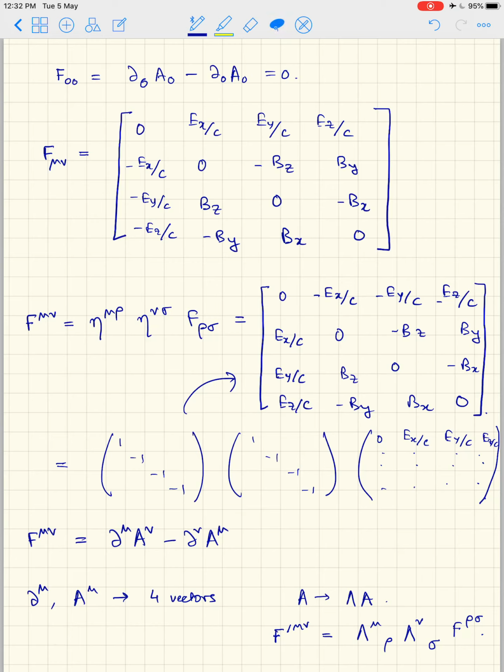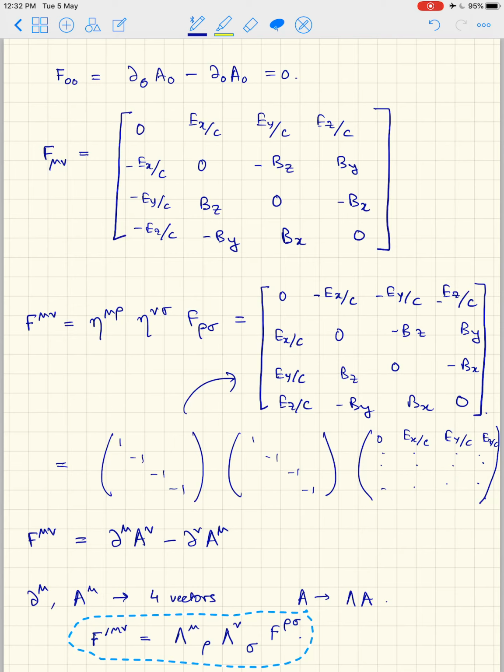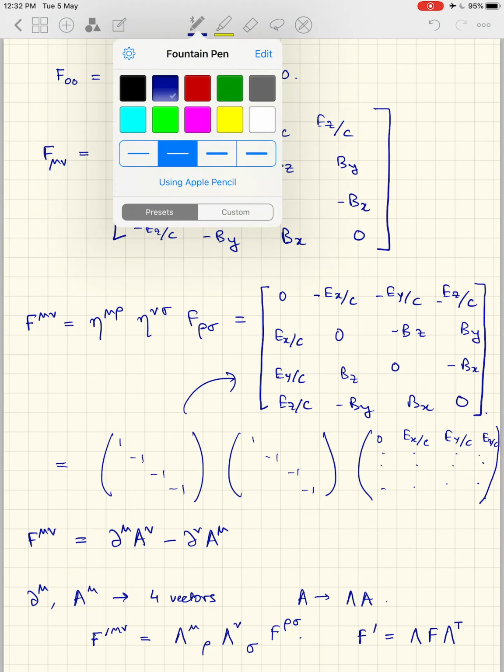This one was right, what I said about the form of the transformation. And in terms of matrix language, F primed is just lambda F lambda transpose. So this is going to be the way that F transforms. Okay, this is important, and let me also box this up.